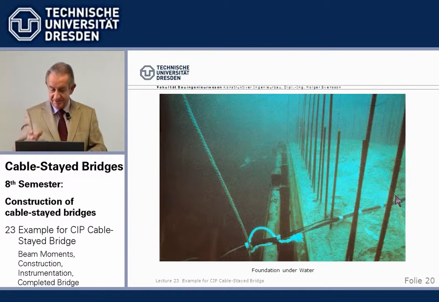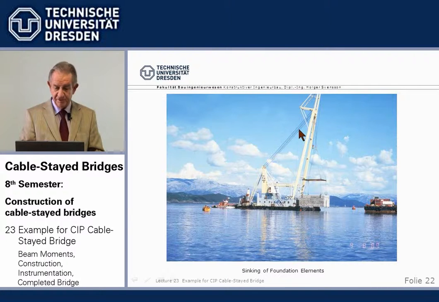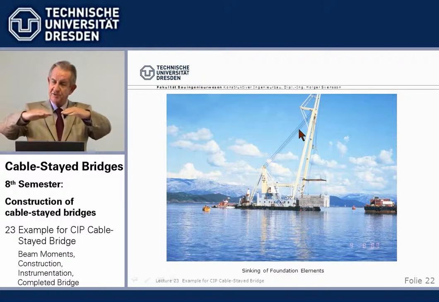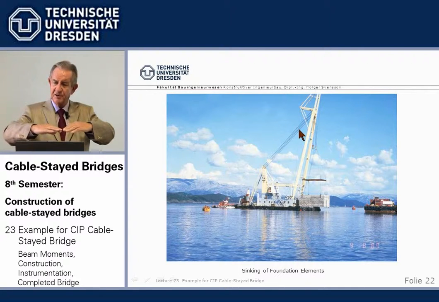Then the tower legs were built from precast boxes on shore, shipped to the site, lowered down with a floating crane onto this base, stressed together. The bottom part was filled with concrete because we needed additional weight for the foundations to prevent tensile stresses underneath the foundation.